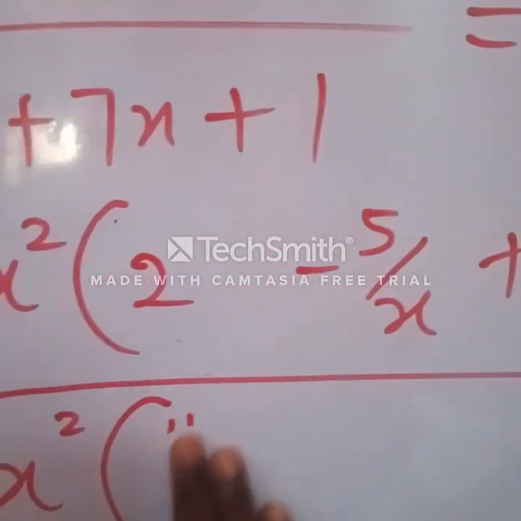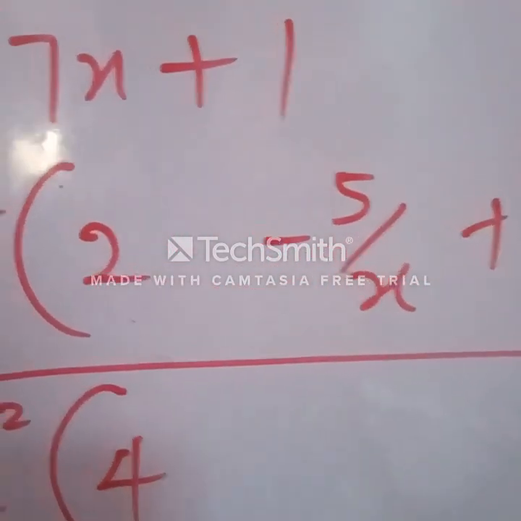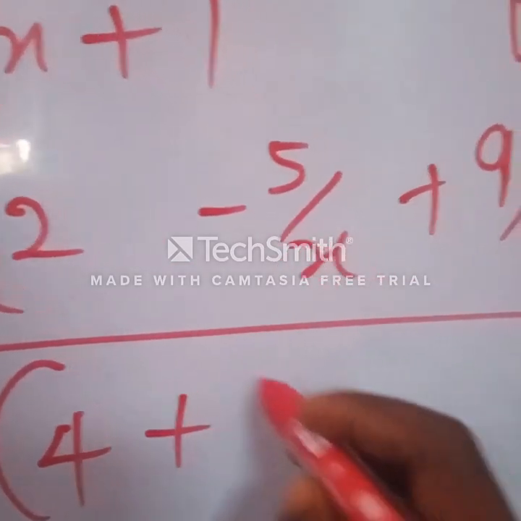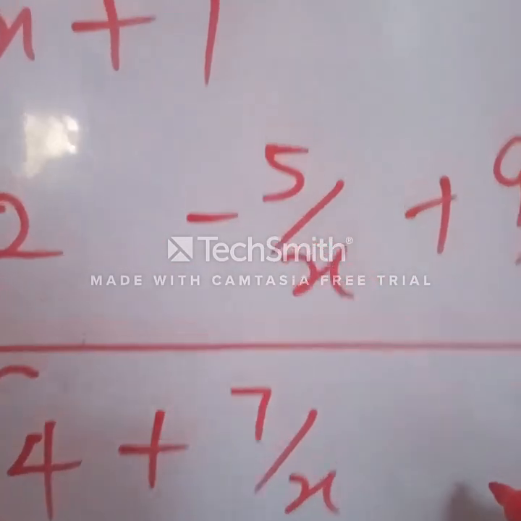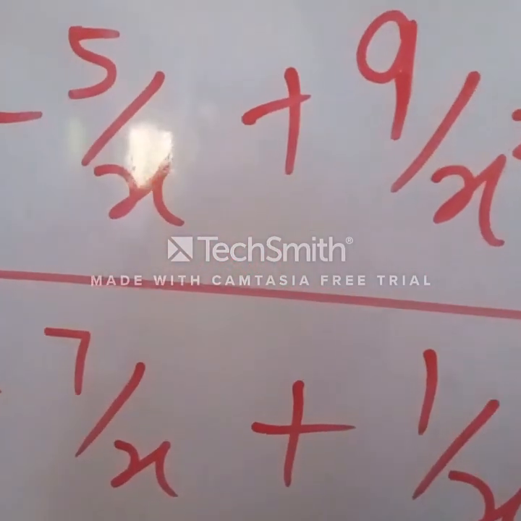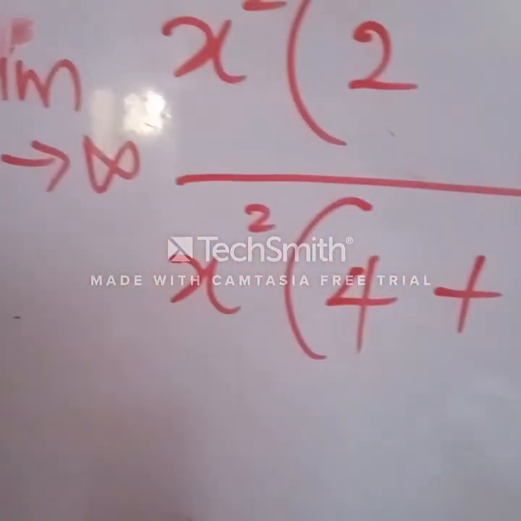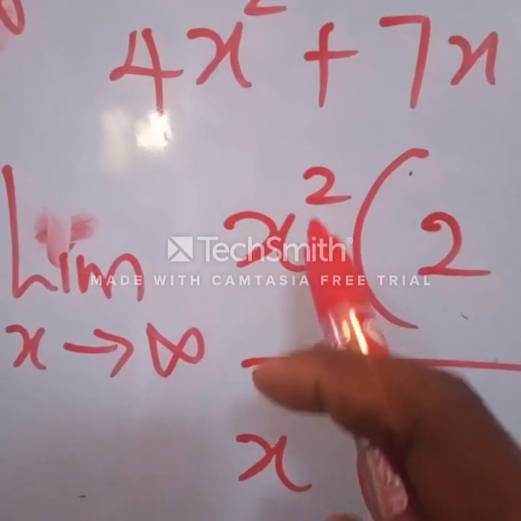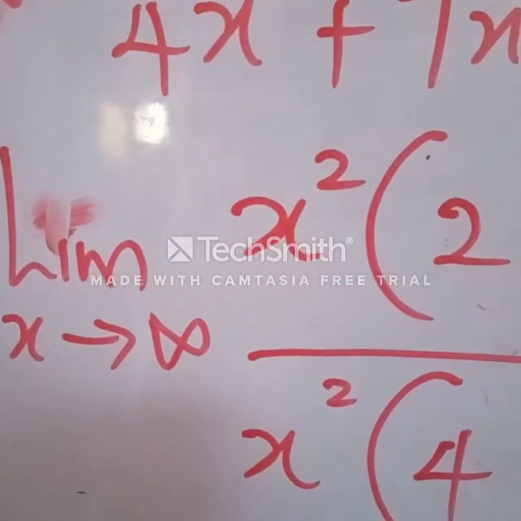Similarly for the denominator, this becomes 4, 7 over x, plus 1 over x squared. Accordingly, x squared will cancel x squared.